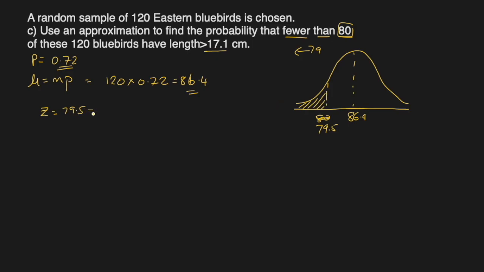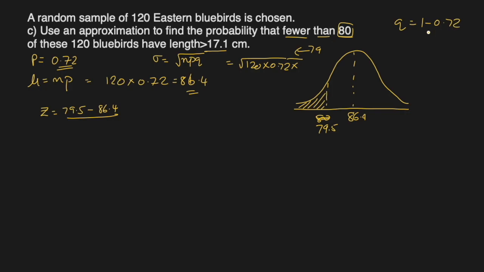So that's how I will write here 79.5 minus 86.4 over standard deviation, and standard deviation we don't know. Let's find standard deviation, which is square root NPQ. Square root NPQ will be 120 times P was 0.72. Q will be 1 minus 0.72.